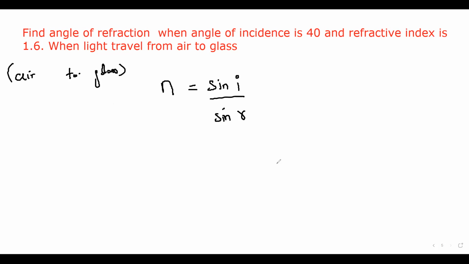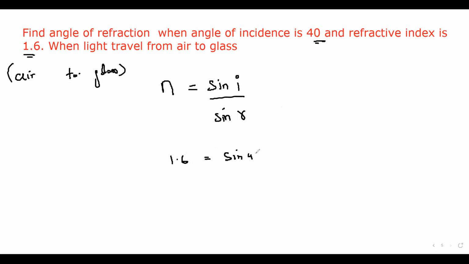So what is the angle of incidence? That is given as 40. The refractive index is given here as 1.6. So the refractive index 1.6 is equal to sine 40 divided by sine angle R.